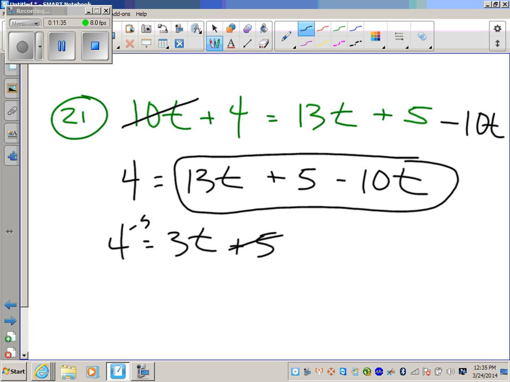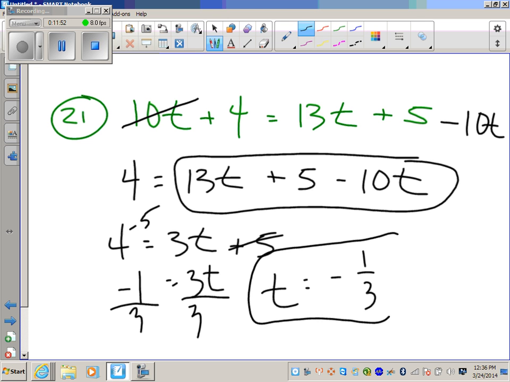Subtract 5 from 4 leaves us with... yes? Or did we forget the negative, or what happened?